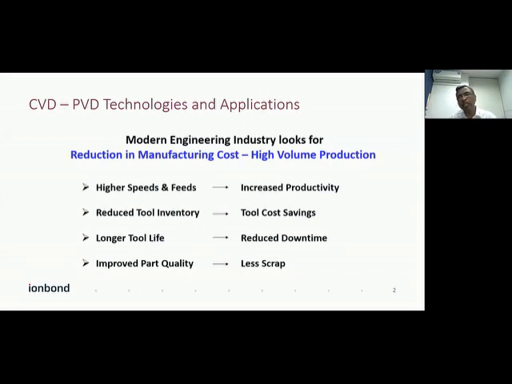These are the vital and most important tasks in our day-to-day manufacturing activities. We keep on concentrating on that.